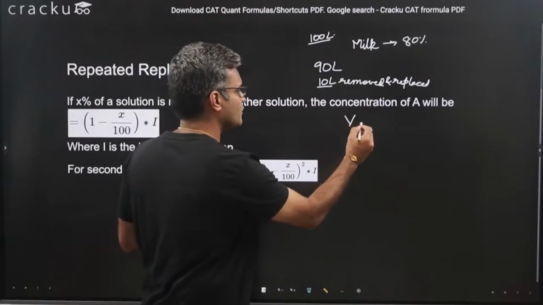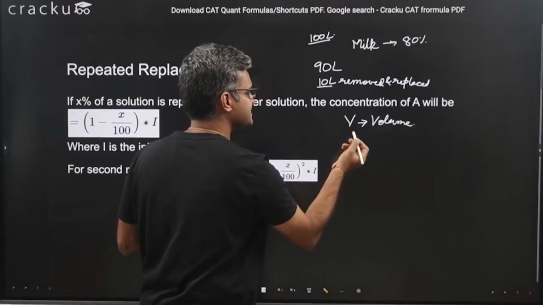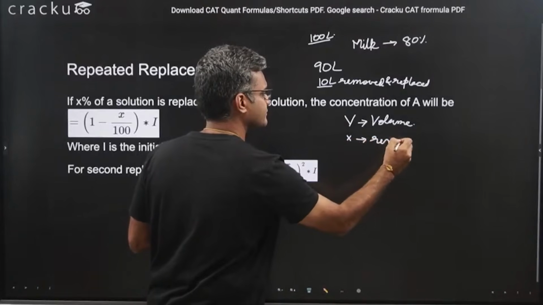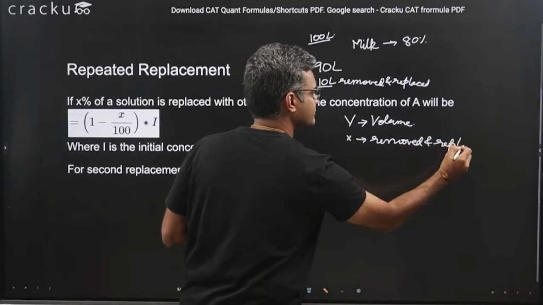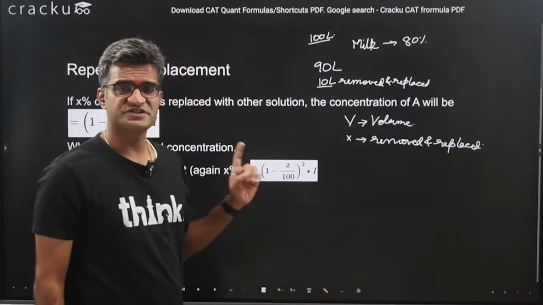Suppose this is the original volume and you are replacing say X. You should also know what is the original concentration of milk.